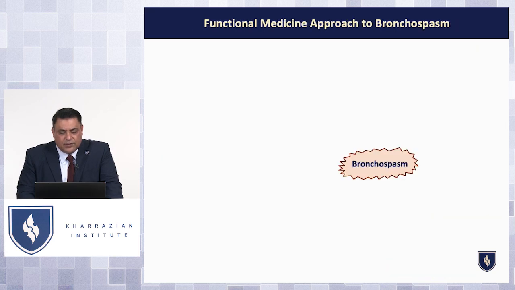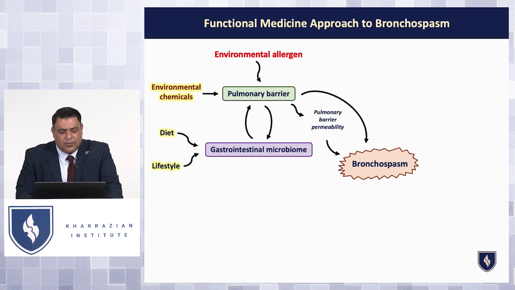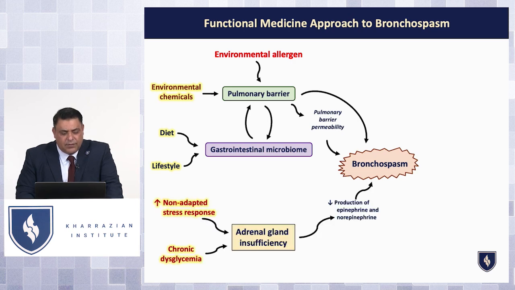So when you look at asthma, which is characterized by bronchospasm in the airways from an inflammatory response, we know there are environmental allergens involved. We know there's pulmonary permeability. We know the microbiome is involved, but here the key thing is that there's adrenal gland dysfunction or imbalance, whatever you want to call it, and dysglycemia, chronic dysglycemia, is a key factor.